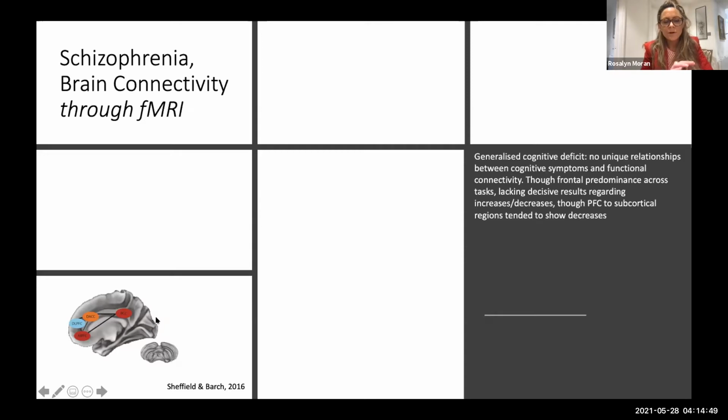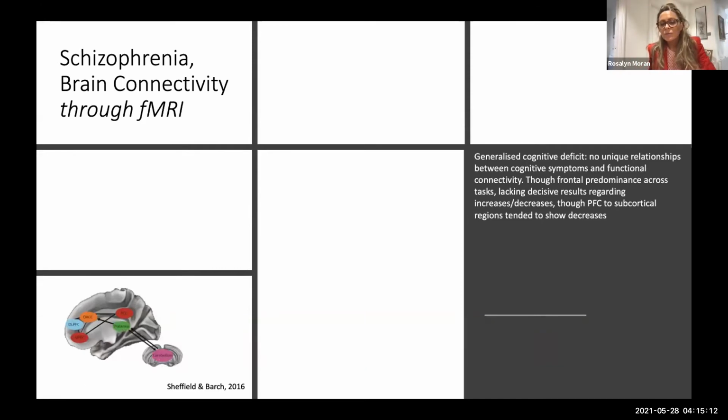But what she did is put a nice sort of schematic together to try and summarize the literature that she reviewed, describing how task positive and task negative regions, so task negative here in red, the MPFC and the parietal cortex, task positive in the dorsal ACC and the DLPFC, tend to have different connections than you see in healthy controls.